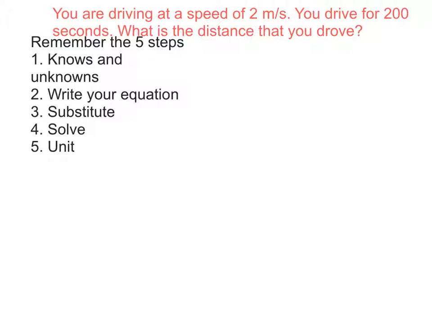So I'm going to take my 2 meters per second and my 200 seconds, and I'm going to rewrite those down. So I have 2 meters per second and 200 seconds. And I'm going to say they're equal to something. And I'm also going to have something that's unknown, and I'm going to have a question mark for my unknown.